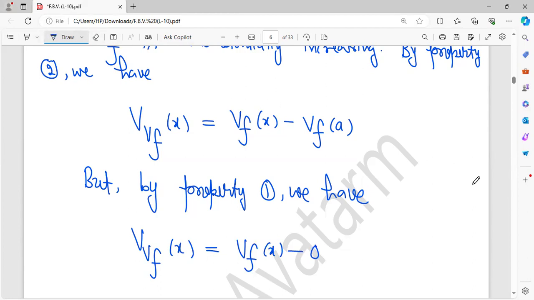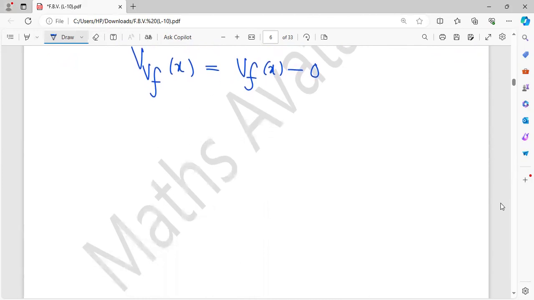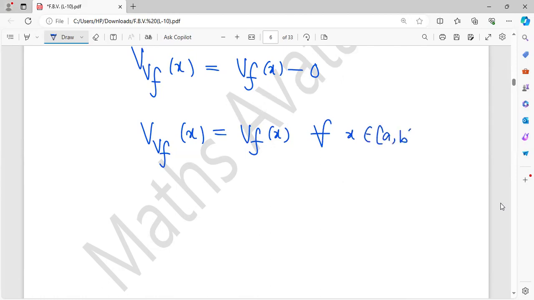So this implies V_f(x) is equal to V_f(x) for all x belongs to the interval [a, b]. This implies V_f is equal to V_f.